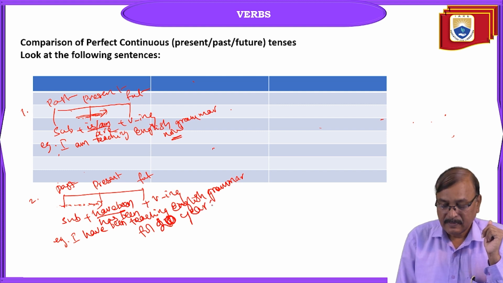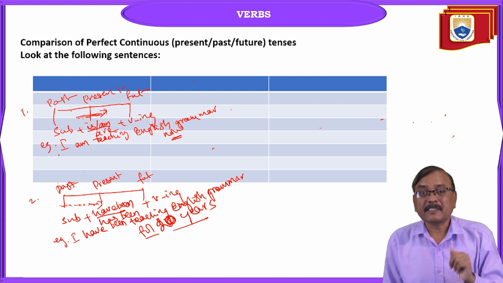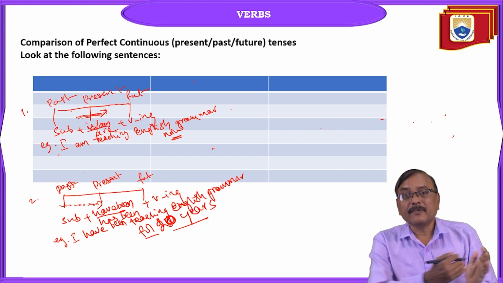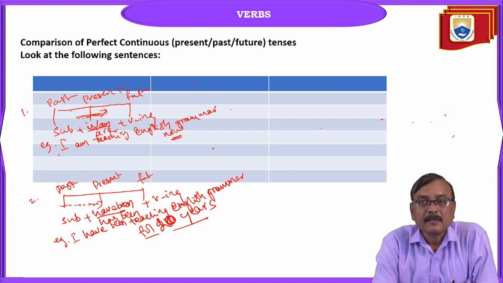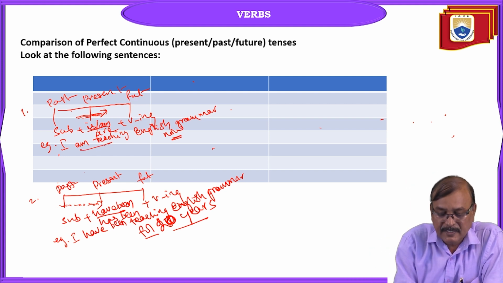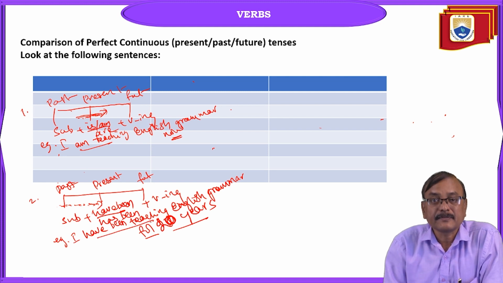For plus time means started 20 years ago, now also it's going on, right? That is the difference between present continuous and present perfect continuous.